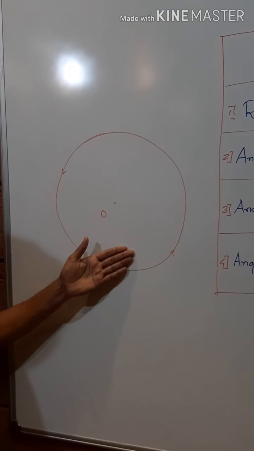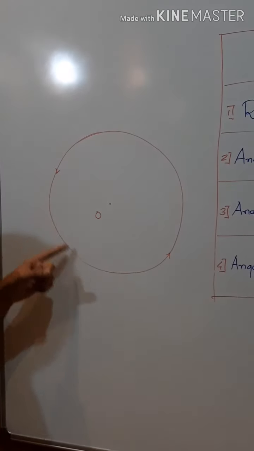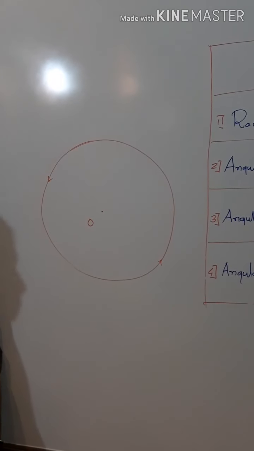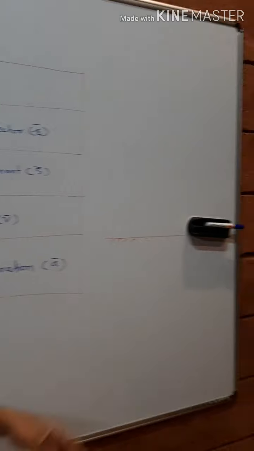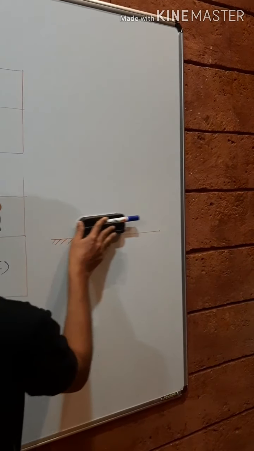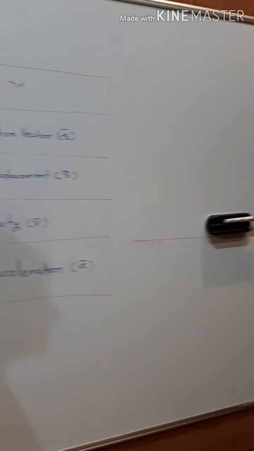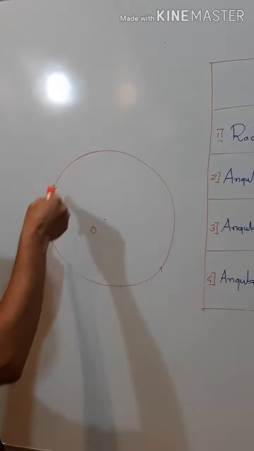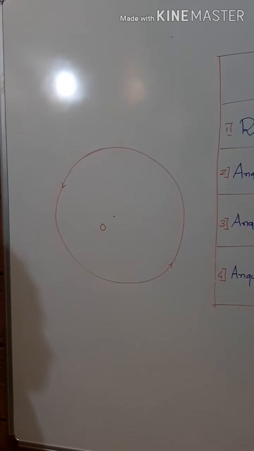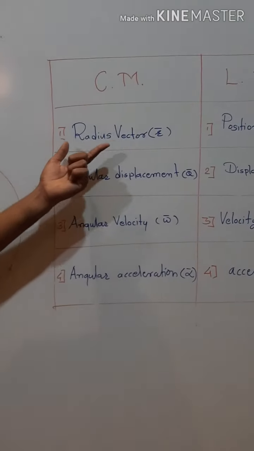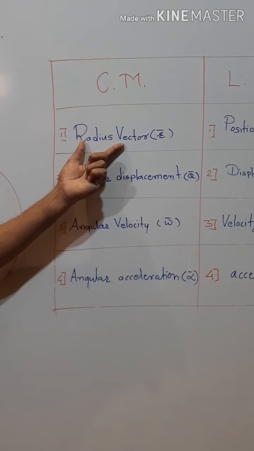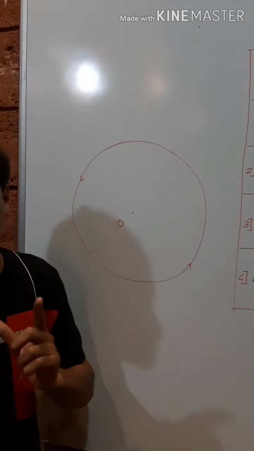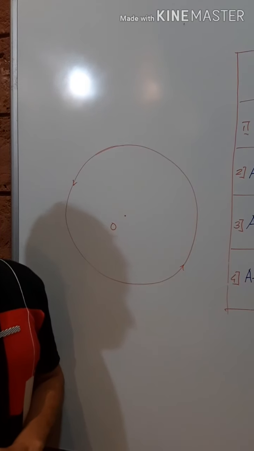In this diagram, a particle performing circular motion with center O and radius R is shown, and in this diagram the motion of a body along a straight line is shown. That means this is a phenomenon of linear motion and this is a phenomenon of circular motion. Now see how the first quantity is used to describe this phenomenon. The first question is, where is the particle?